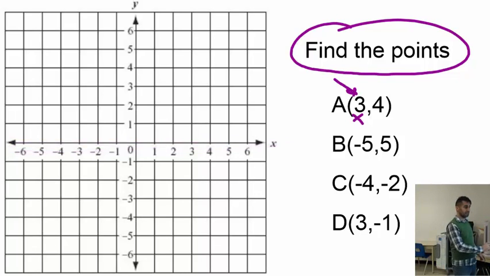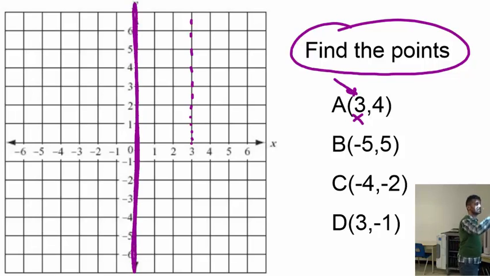Find the 3, which is right here, but don't make the point yet because we are not done yet. And that's the 3. Let's go all the way up. I'm going up because I get a positive number here, y. Y is 4. And remember, this is the y-axis. Let's find the y. That's the y. And let's look for number 4.